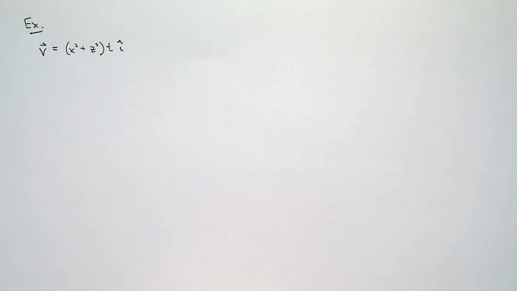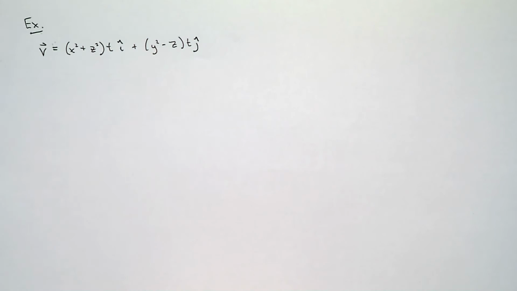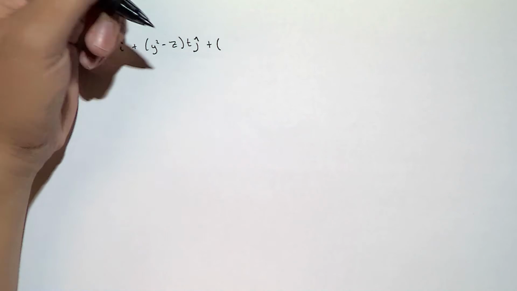My velocity field will be equal to (x squared plus z squared) multiplied by t, i vector, plus (y squared minus z) multiplied by t, j vector, plus (x minus y) k vector.